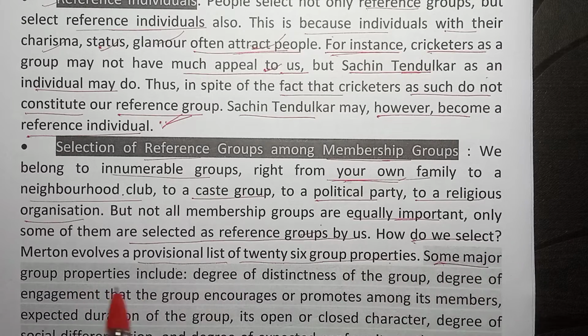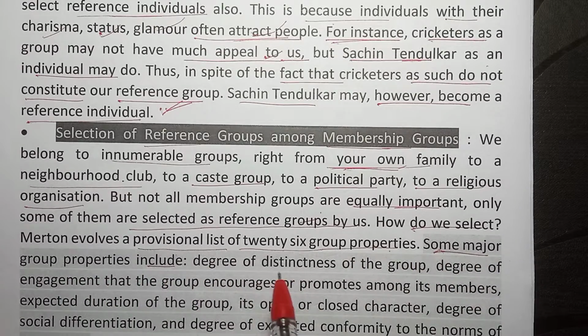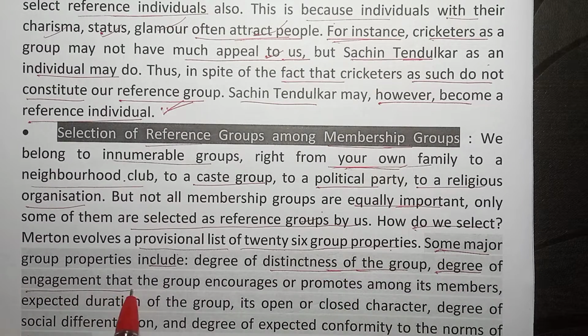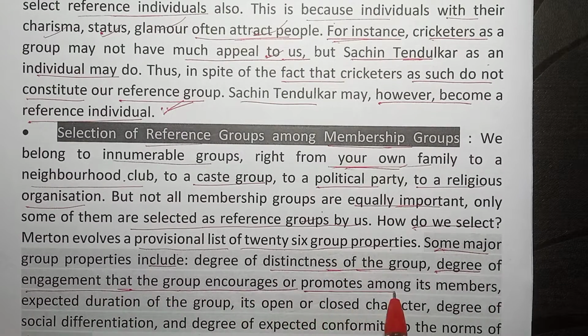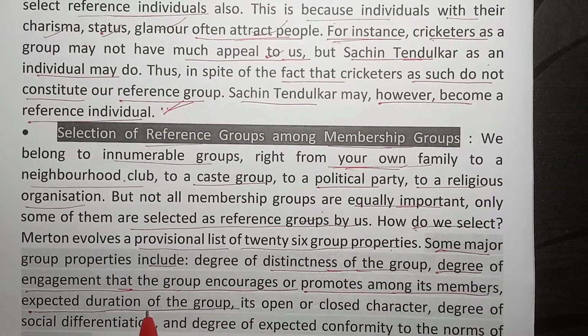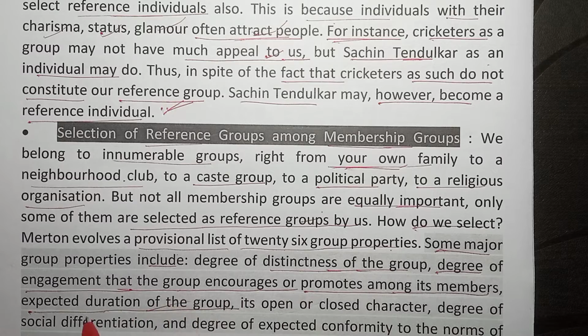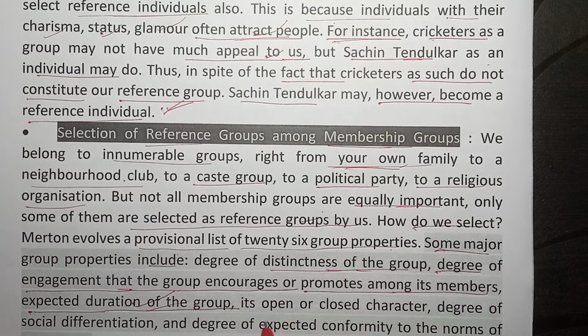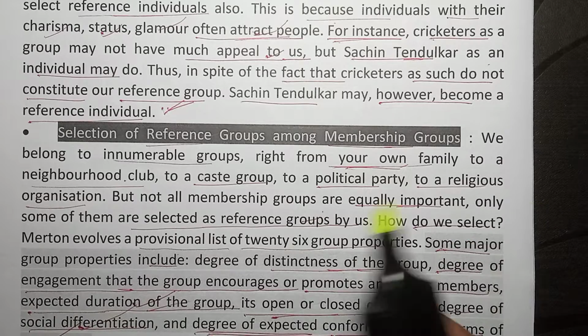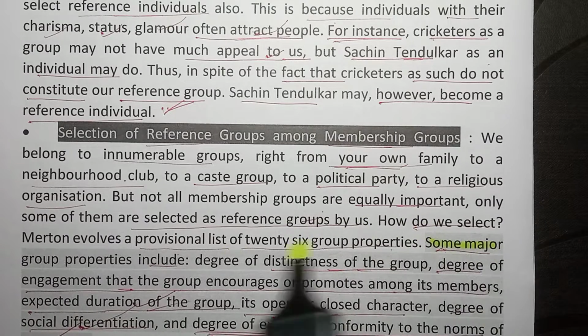Some major group properties include the degree of distinction of the group, the degree of engagement that the group encourages or promotes among its members, expected duration of the group, its open and closed character, degree of social differentiation and degree of expected conformity to the norms of the group. So these are some major characteristics.